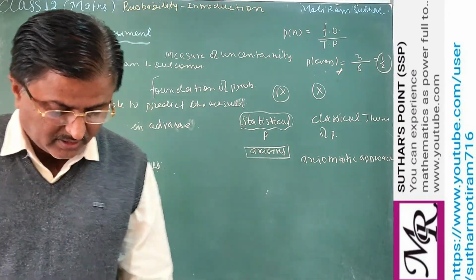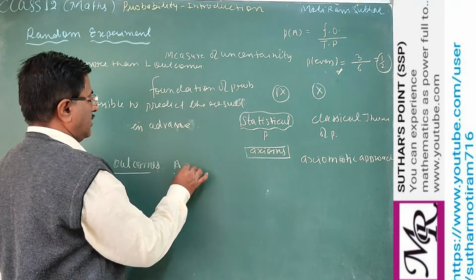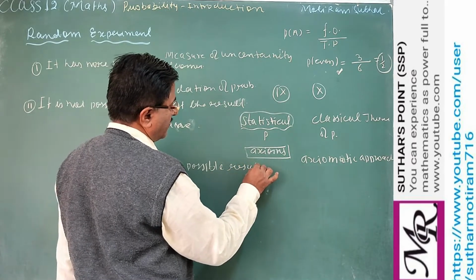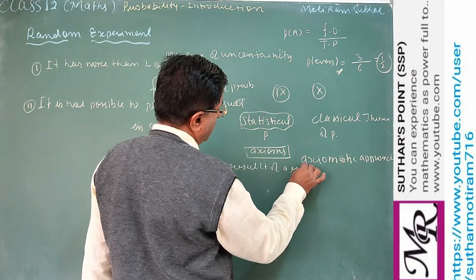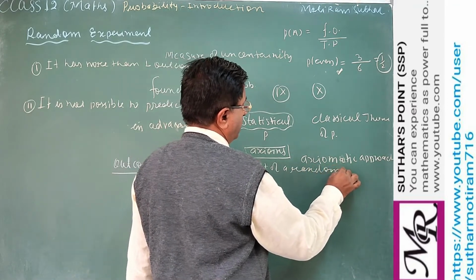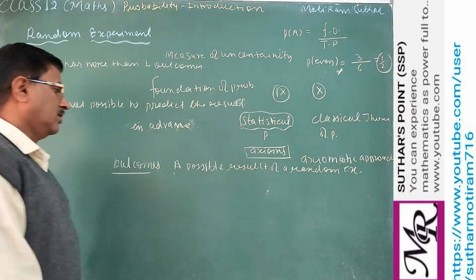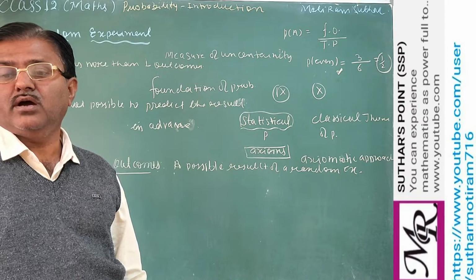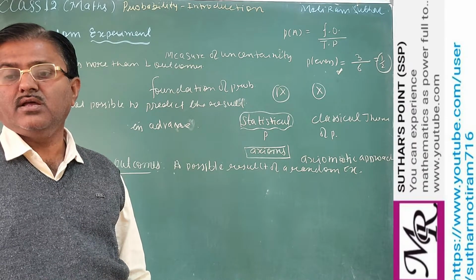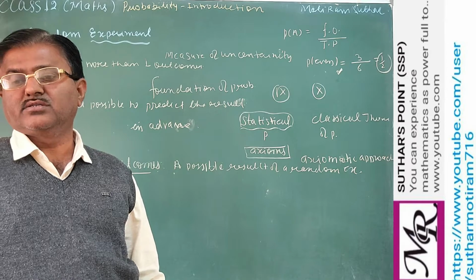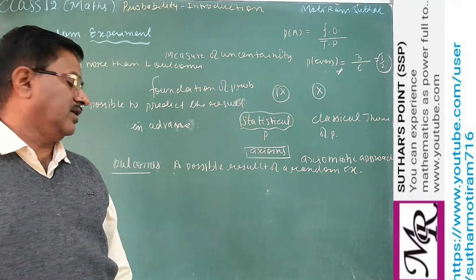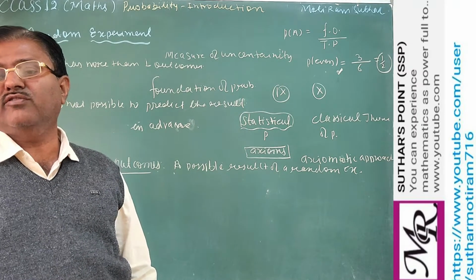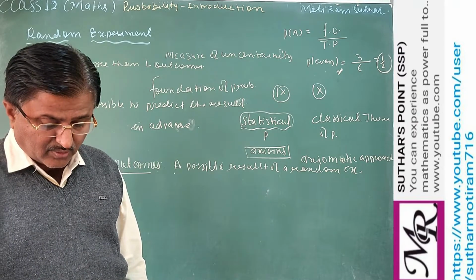Like suppose you are throwing a die, then what is the possible result? It may be 1, 2, 3, 4. So the outcome may be 1 or 2 or 3 or 4 or 5. So these are the outcomes.